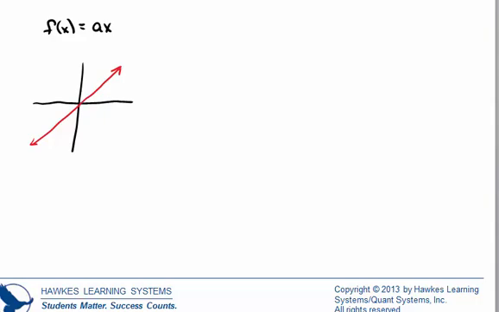We also already know what happens when the power is 2. So if we have f of x is equal to ax to the second power, then we know that graphs a parabola.